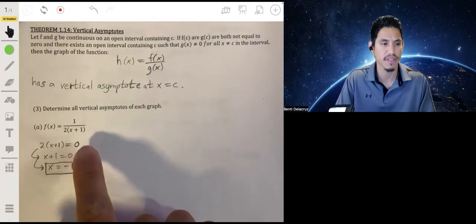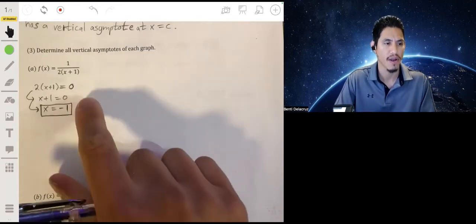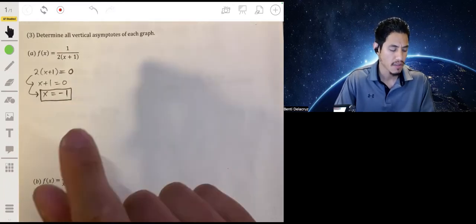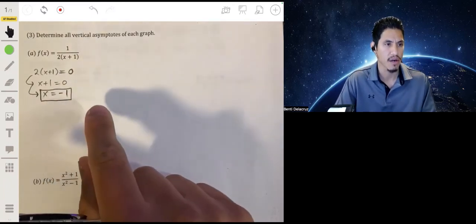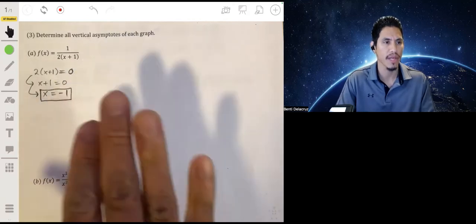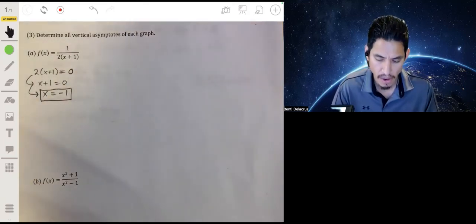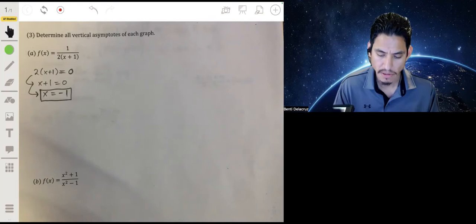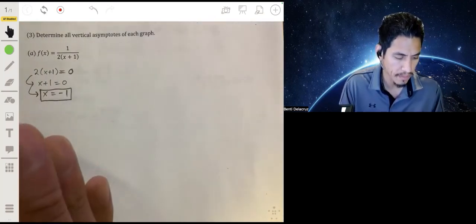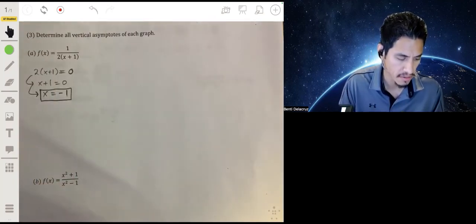So this function is not defined for x equals -1, so it's going to have an asymptote there because you can manipulate or change the form of it. So that's kind of what that theorem is saying.